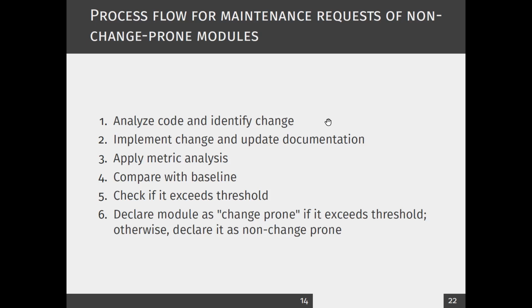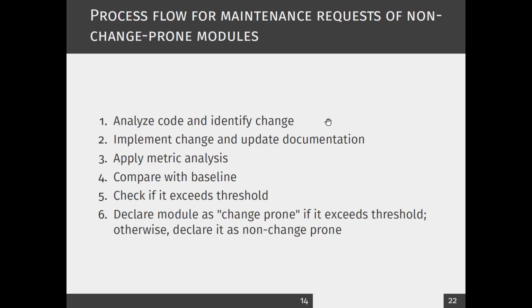Then you implement the change, and according to the changes, you should also update the documentation. Remember that when you update the documentation, you have to change user documentation as well as maintenance documentation, which means technical documentation. Then you apply metric analysis, which measures the success of the implementation, and then you compare with the baseline.